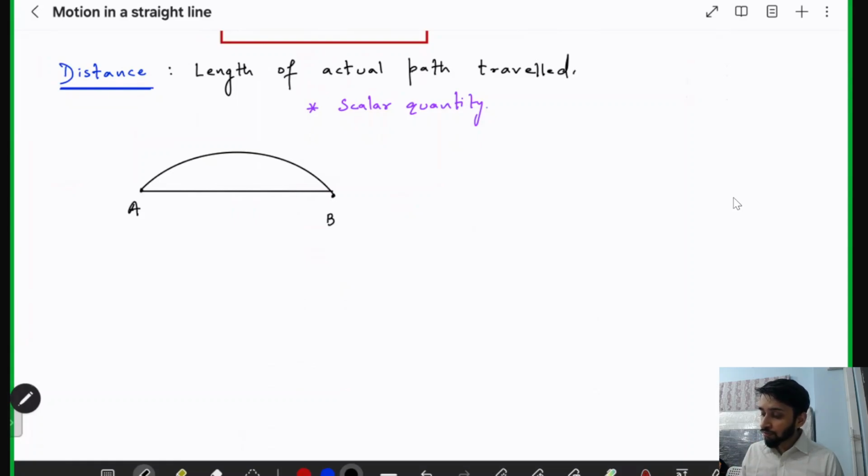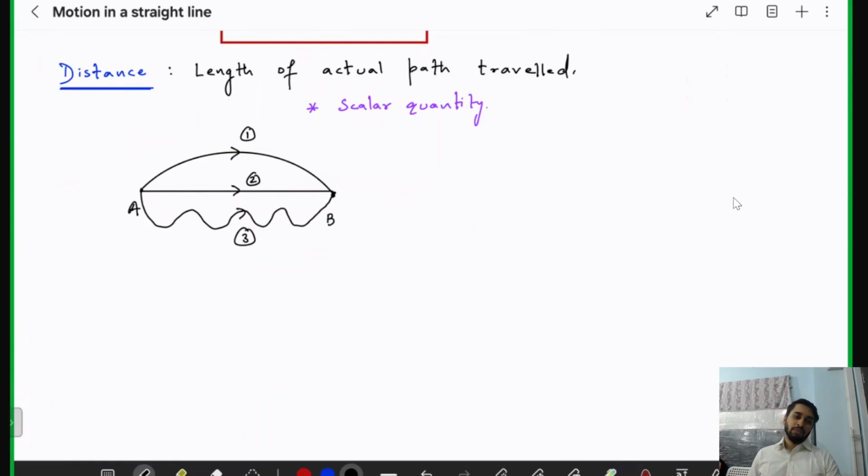Or you can go from point A to point B in a curved path, something like this. Okay. So suppose you are taking three different paths. This is path one, path two, and path three, right? So what is going to happen here? Let us see. When you're going through path one, distance will be the length of the actual path traveled.